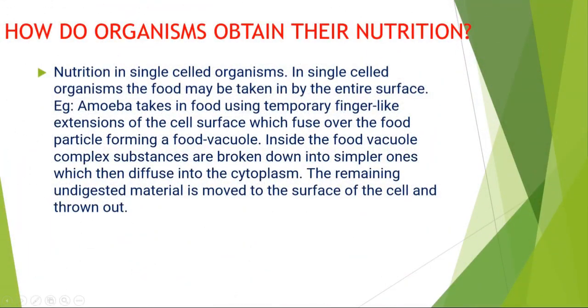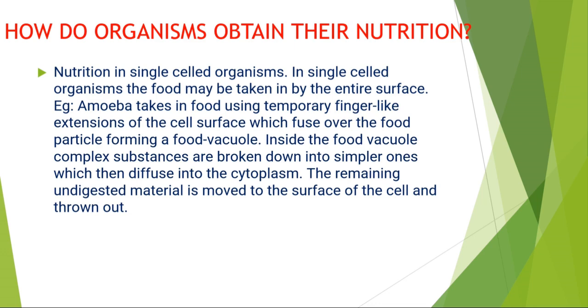So how do organisms obtain their nutrition? In single-celled organisms, food is taken in by the entire surface. For example, amoeba takes in food using temporary finger-like extensions or projections of the cell surface, which fuse over the food particle, forming the food vacuole.